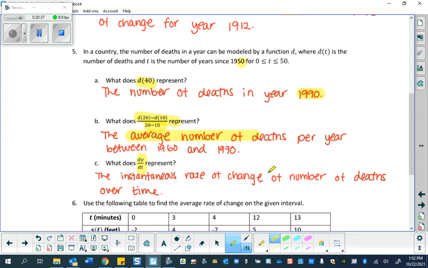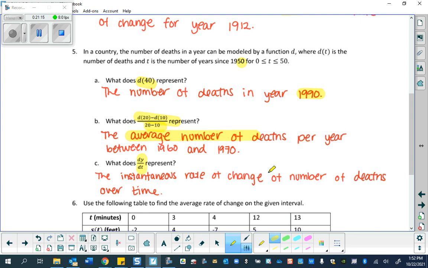That D really has nothing to do with deaths. Don't think we're carrying that through the unit. What ends up happening is we use in calculus and mathematics the delta symbol, or the change in y compared to the change in x. And this delta becomes such a small value that we end up just calling it dy dx.